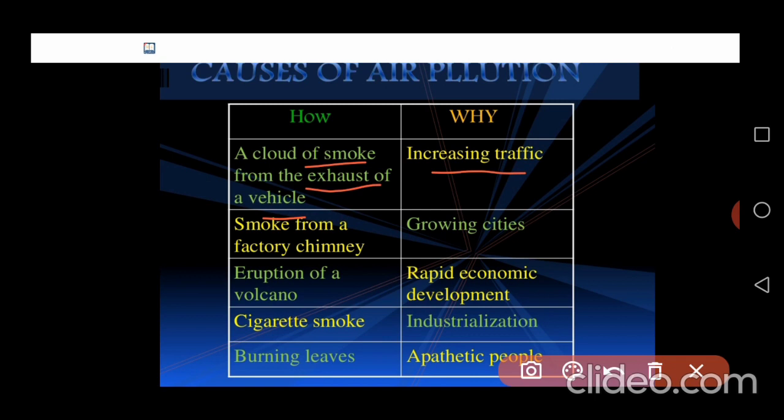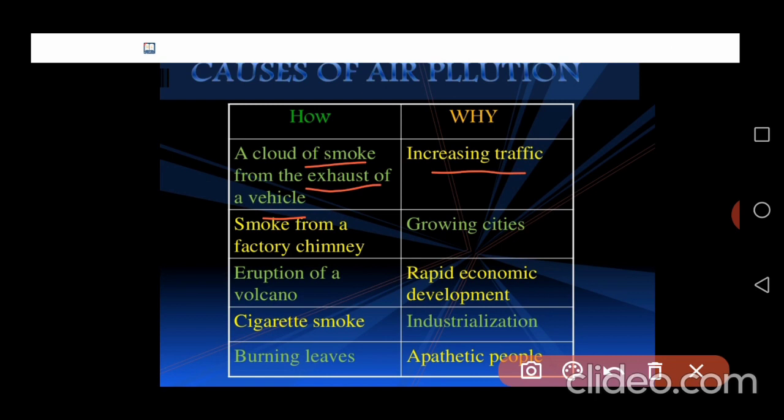We are all using petrol and diesel in our vehicles, and those vehicles utilize petrol and diesel to get energy. During the combustion of petrol and diesel, very dangerous gases such as carbon monoxide, carbon dioxide, lead vapors, and some other dangerous gases are released from the vehicle, finally mix with the atmosphere, and air pollution takes place.